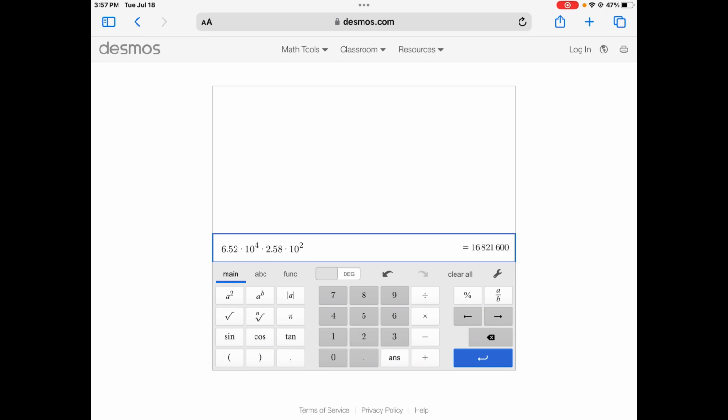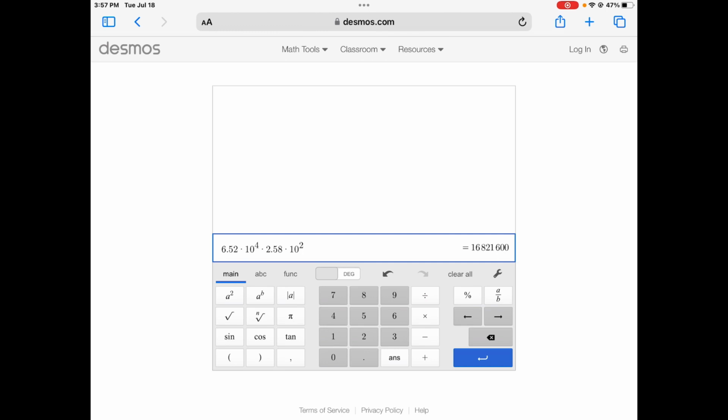We calculate that and you can see it already did it for us. It's not in scientific notation though, but I'm going to round for 3 non-zero places. So it's going to be 1.68 times 10, and if we count over, that's going to be 1, 2, 3, 4, 5, 6, 7 spots that we have to go over.